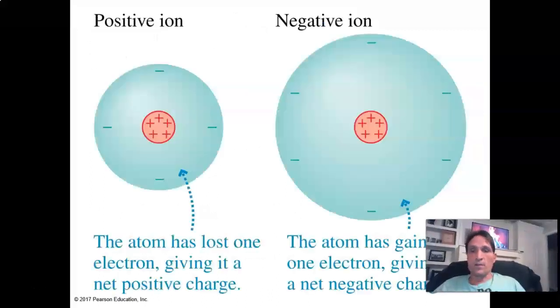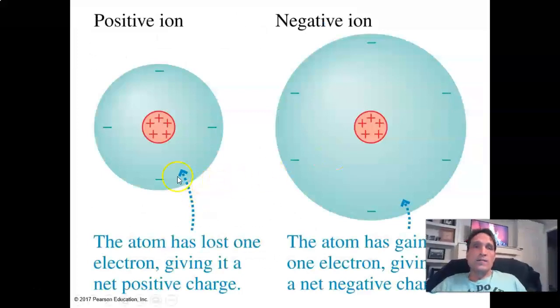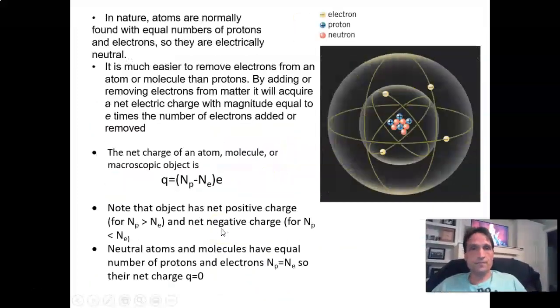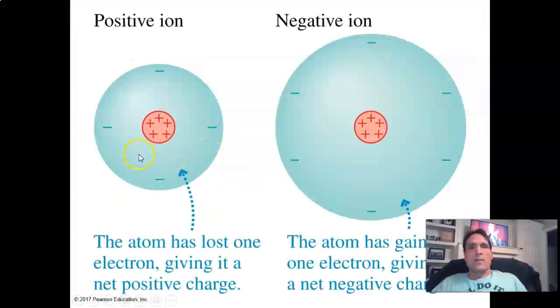And for example, if you have this atom here, which has 5 protons and 4 electrons, and that is boron. Boron has lost an electron, it's giving up an electron, and it becomes positively charged.